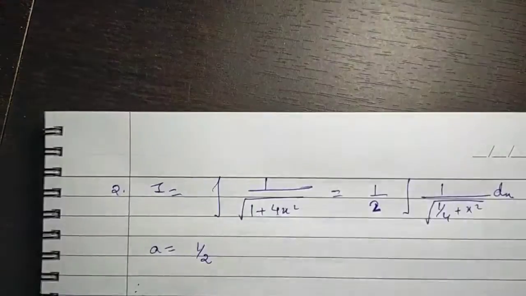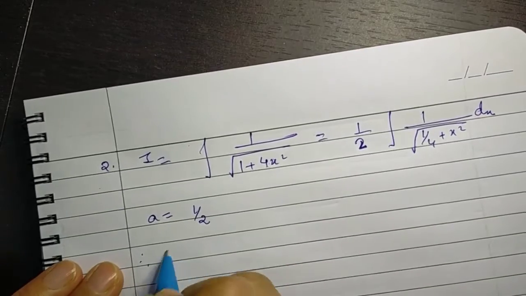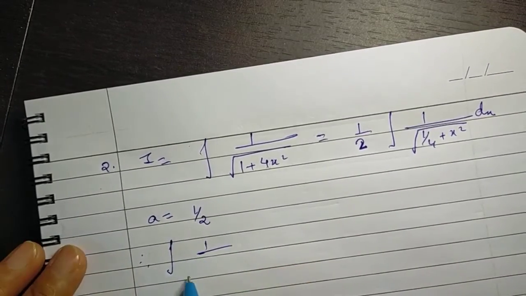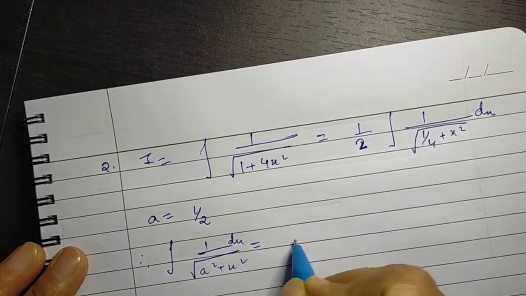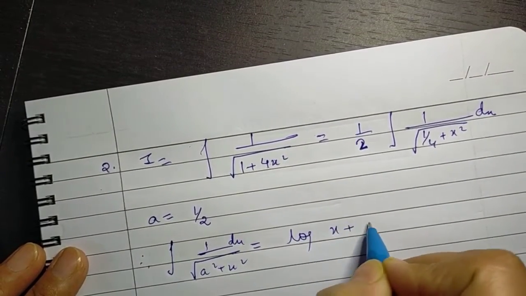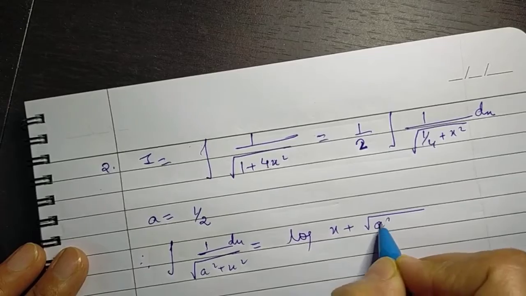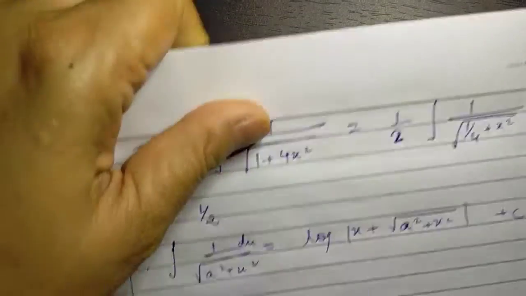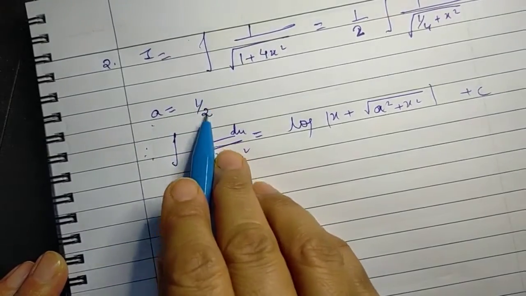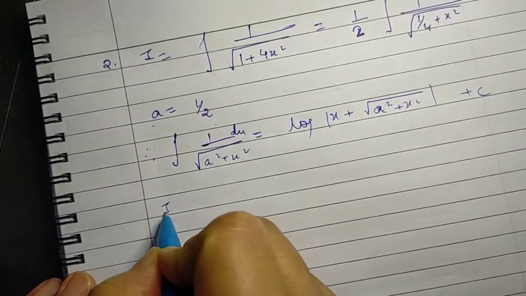So we have now integral of 1 upon under root of a squared plus x squared dx is equal to log of x plus under root of a squared plus x squared plus a constant, where a is equal to 1 upon 2. So what do we get?